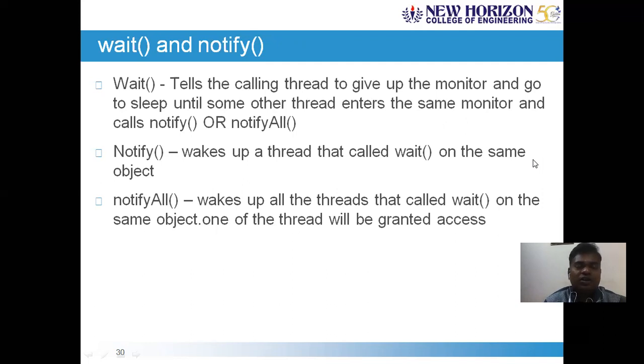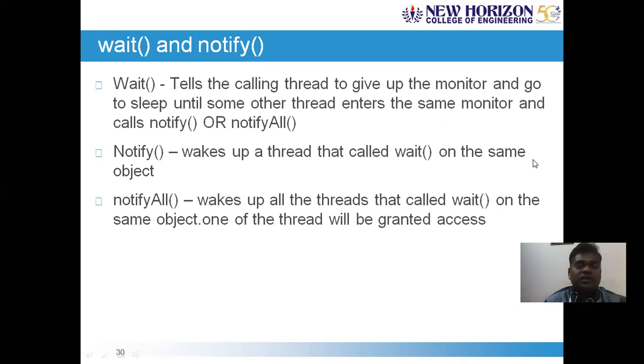So hope that is clear. Take T1 and T2, and assume that T1 is running right now. If you call wait on T1, T1 should give up the monitor to T2, and T1 should go into sleep mode.